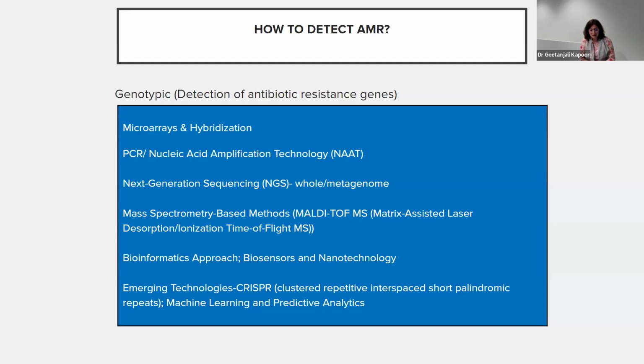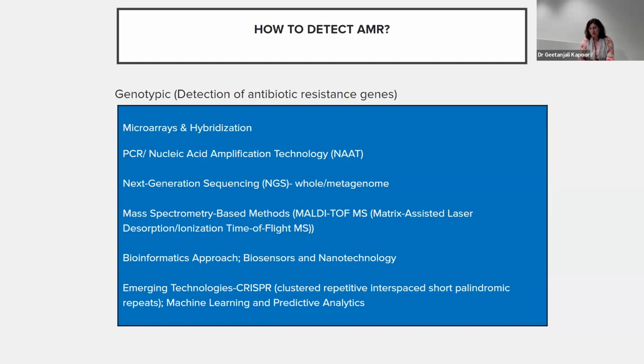Another thing I would like to encourage all of you to do, for those who are interested, is to look into the literature more around the different kinds of resistance genes. We have new ones also now.